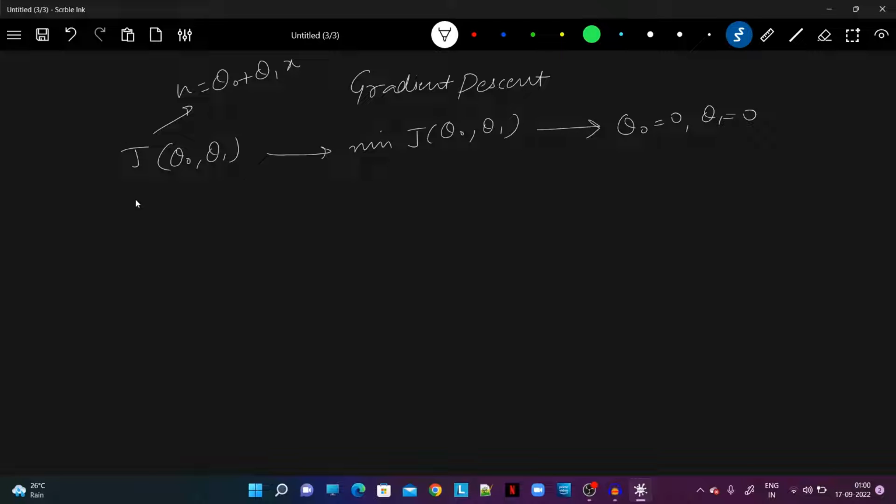Okay, so if you want to write it in the form of an algorithm, we'll say gradient descent convergence. We need to repeat a certain step.